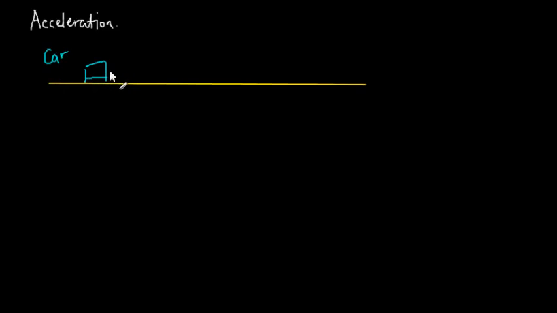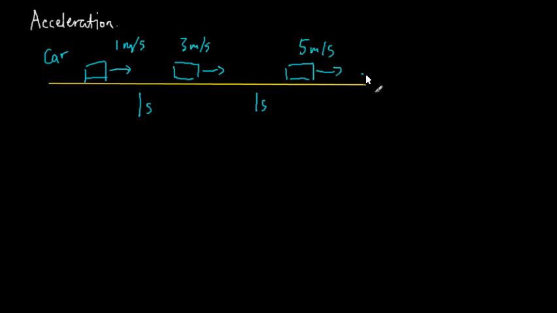So let's say at a certain time when I looked at it, the driver is going at 1 meter per second, and let's say after 1 second, the speed increases to 3 meters per second, and after another second, it increases to 5 meters per second, and so on.